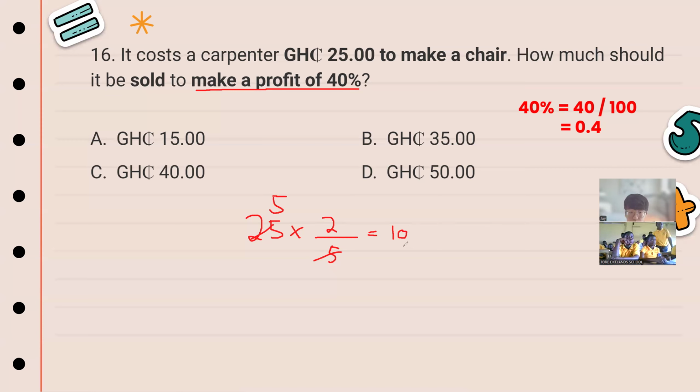So 40% of 25 is 10 cedis. And we are making a profit of 10 cedis after spending 25 to make a chair. So how much should be sold? It's 25 plus 10 Ghana cedis equals 35. Yes, 35. That's why the answer is B for this question.